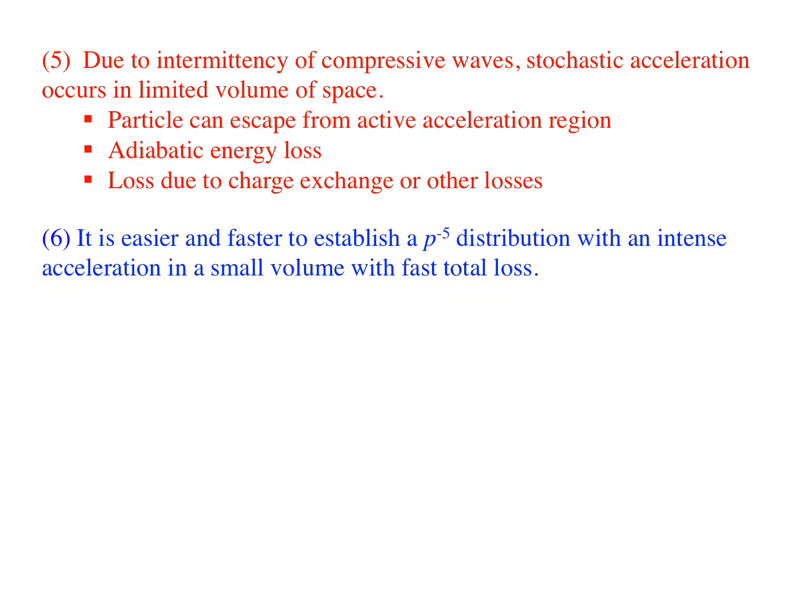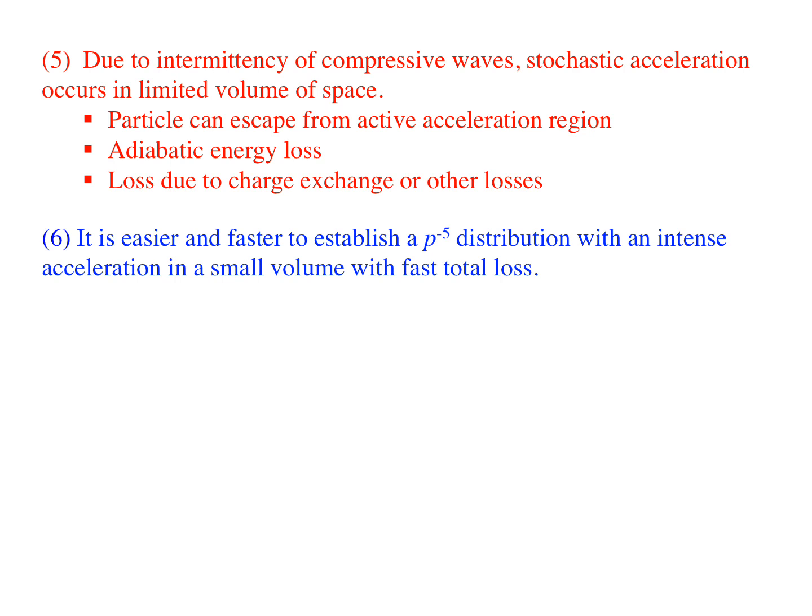In the solar wind, plasma compressible turbulence does not appear everywhere. It exhibits an intermittent nature. In that case, the particles can, in addition, suffer a loss from escape of the acceleration region, plus other losses such as adiabatic cooling.